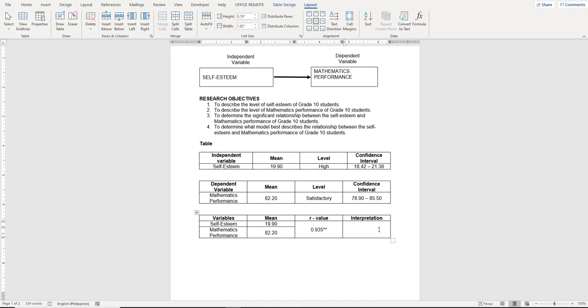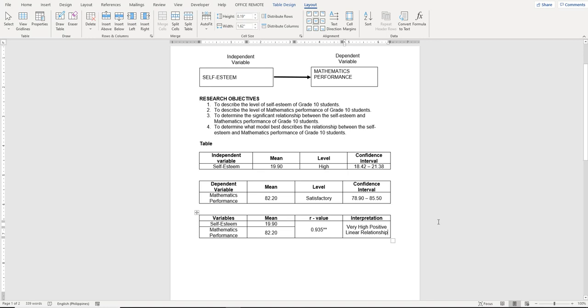Since it is 0.935, that means a very, very high positive linear relationship.